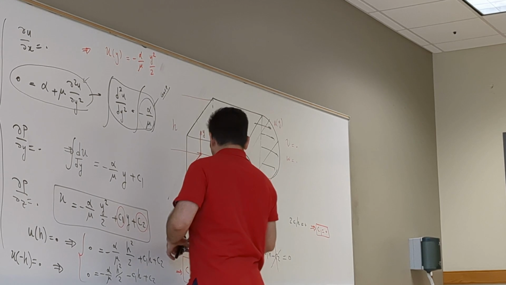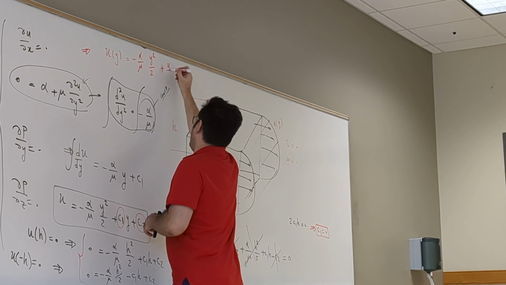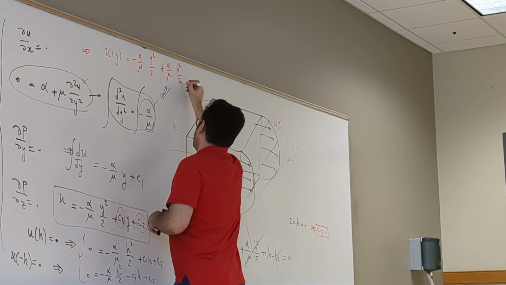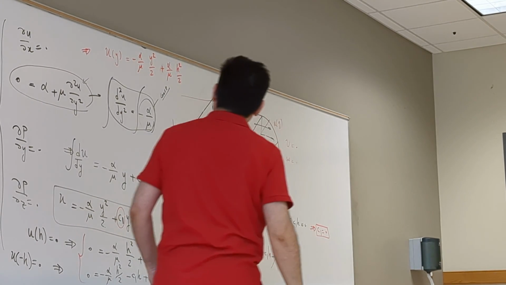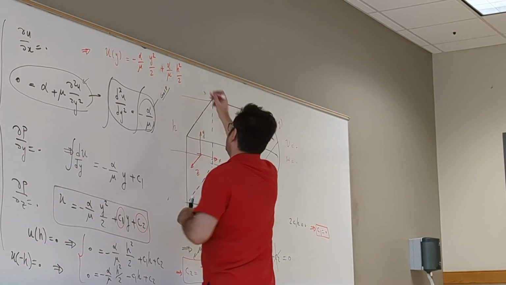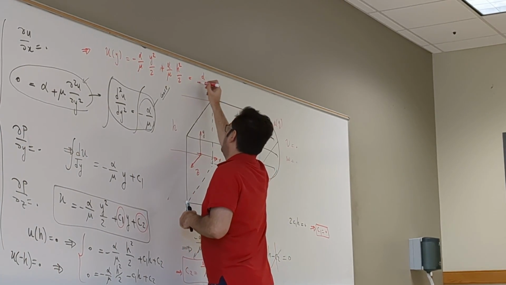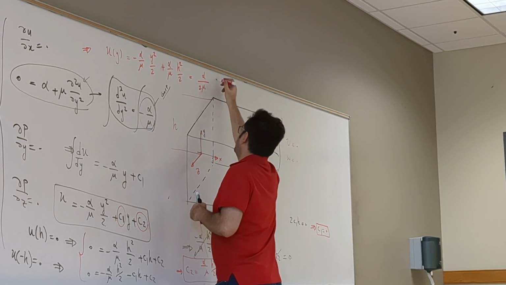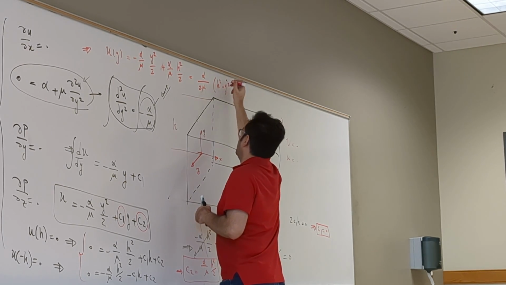Plus C2, which is plus alpha over mu h squared over 2. Now let's factor out alpha over 2 mu. Factor this coefficient, alpha over 2 mu. You get what? H squared minus y squared.